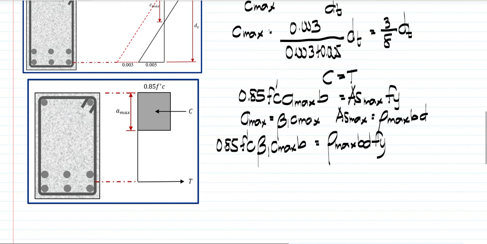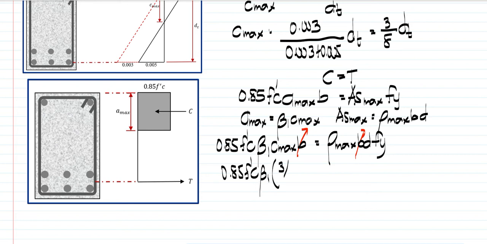And we could cancel this one, yung b. Then, we could substitute the value of C max, which is 3/8 of dt. So, that will be 0.85 F prime C beta 1 times 3/8 of dt is equal now to rho max d Fy.